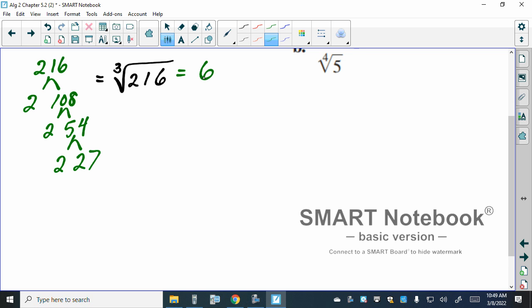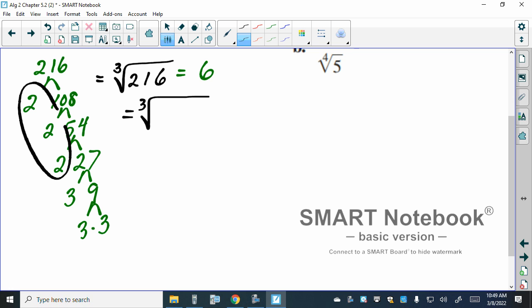We good to getting there? Well, 27 is divisible by 3, 3 and 9, which is 3 and 3. Well, we have 2 three times, yes? So it's really saying that inside here we have 2 to the third times 3 to the third.